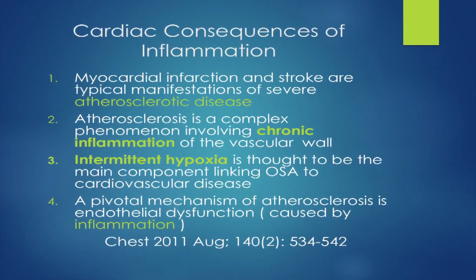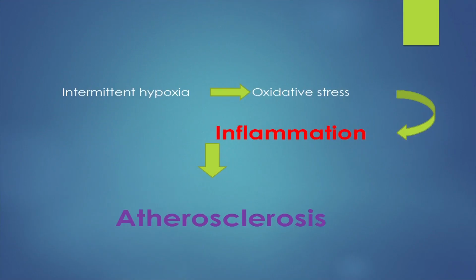Intermittent hypoxia is thought to be the main component linking obstructive sleep apnea to cardiovascular disease. A pivotal mechanism of arteriosclerosis is endothelial dysfunction. Simply put, hypoxia leads to oxidative stress, which leads to inflammation, which leads to arteriosclerosis.